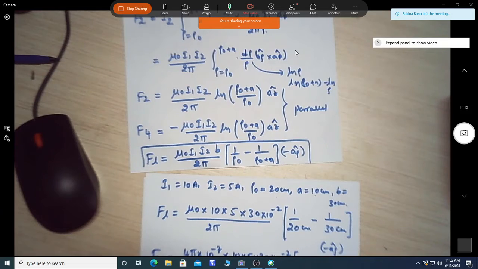If I take LCM 600, we have 30 minus 20, in the direction of minus a_rho.